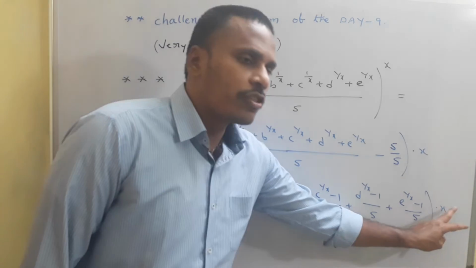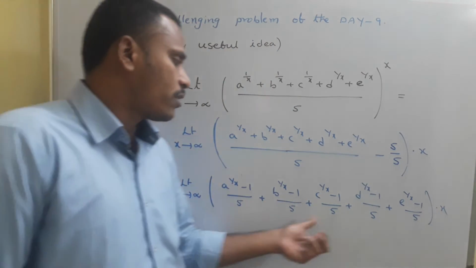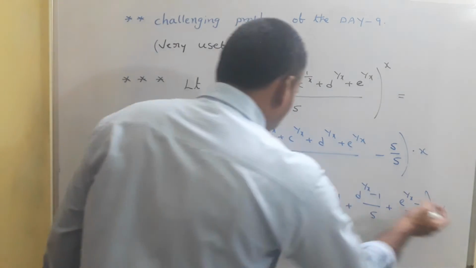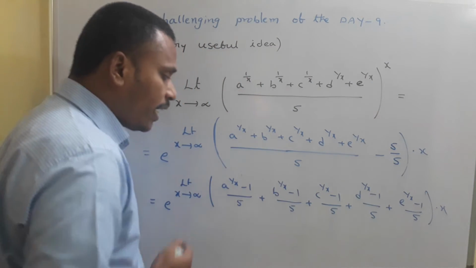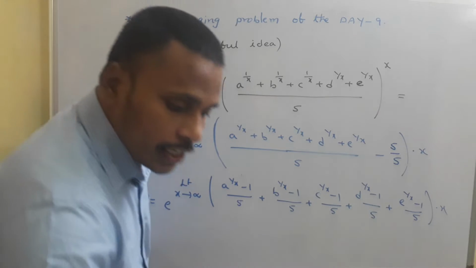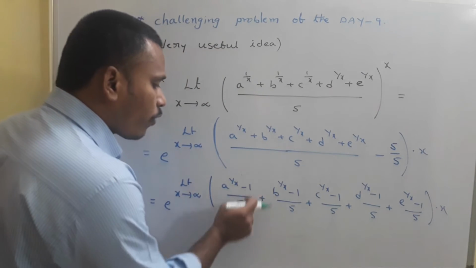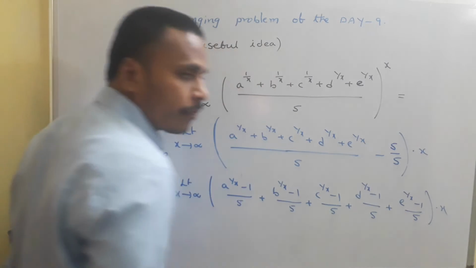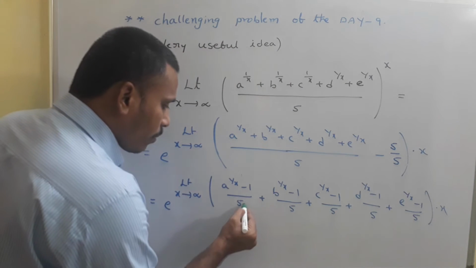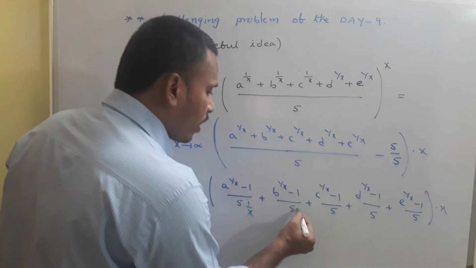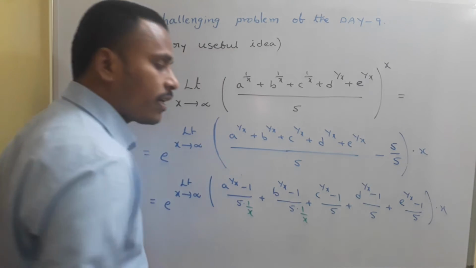Now we need to distribute this x also for all these 5 terms. Instead of multiplication of x, I will write it like 1 by 1 by x. This first term into x, I will write as this first term into 1 by x. This second term into x, I will write as into 1 by x again.